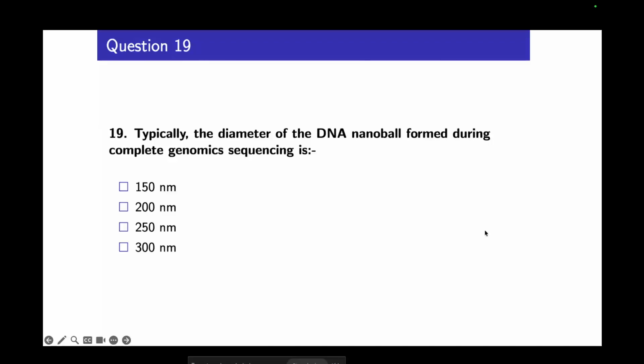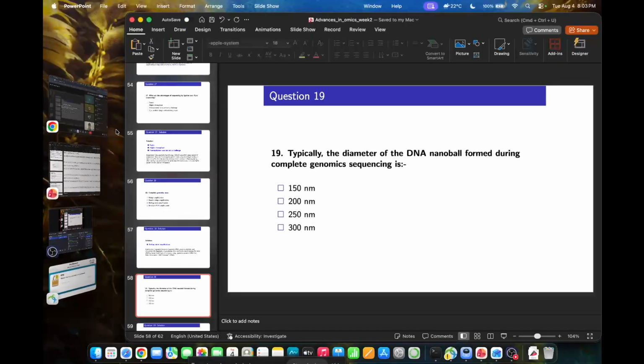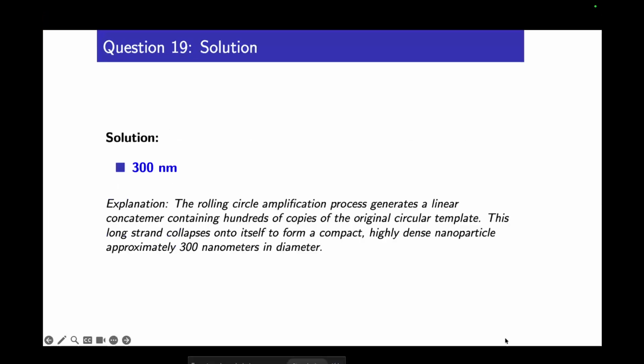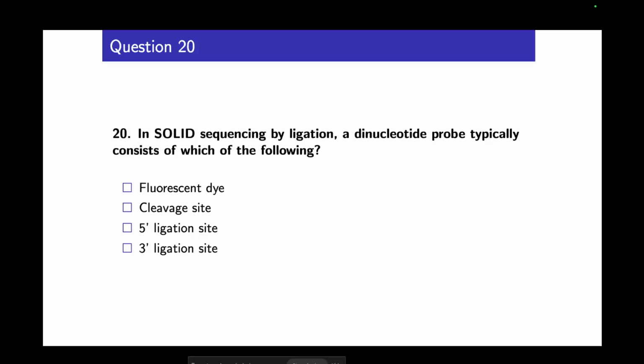Sir has discussed this well. Nobody is answering, so the answer is 300 nanometers. The diameter of the DNA nanoball would be around 300 nanometers. Okay, moving on. It's the final question.